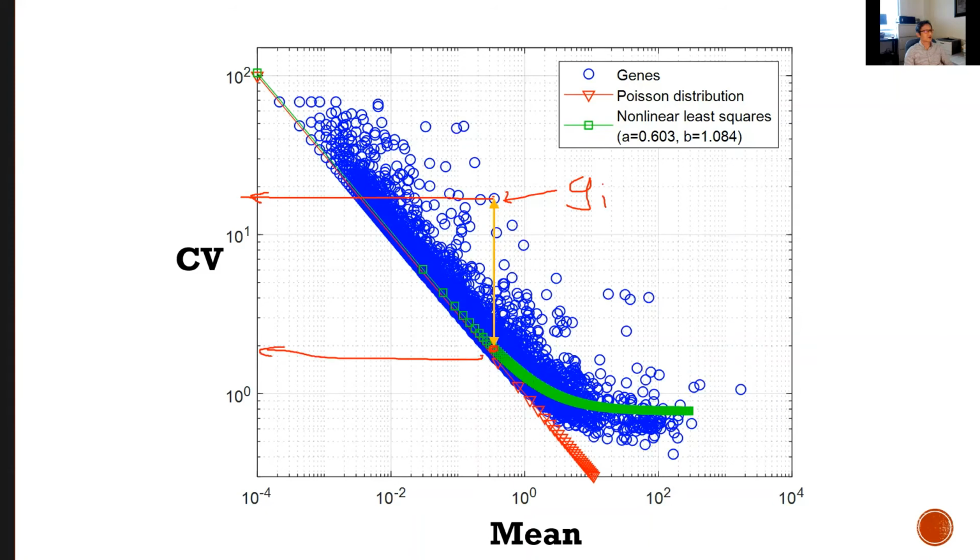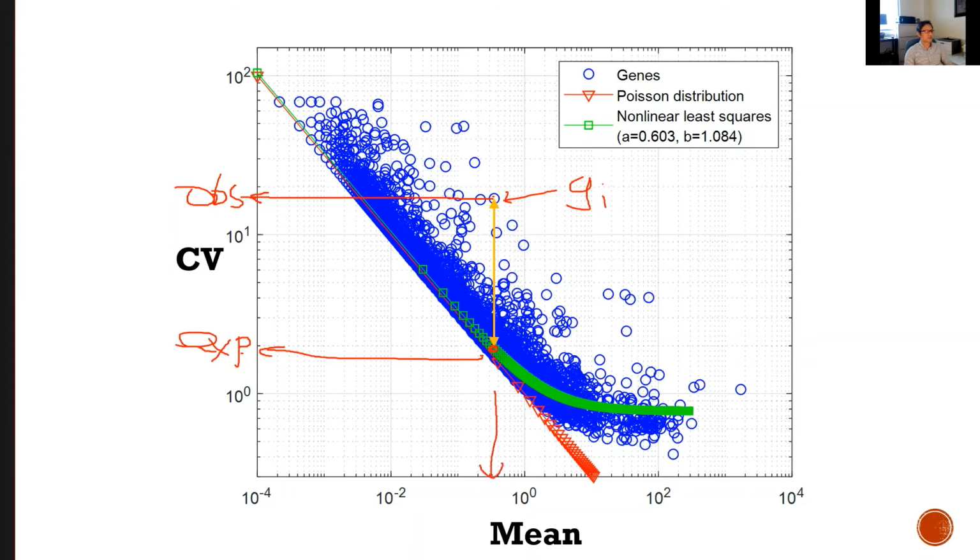So that's the observed CV and this expected CV based on the model we have built for the same mean.